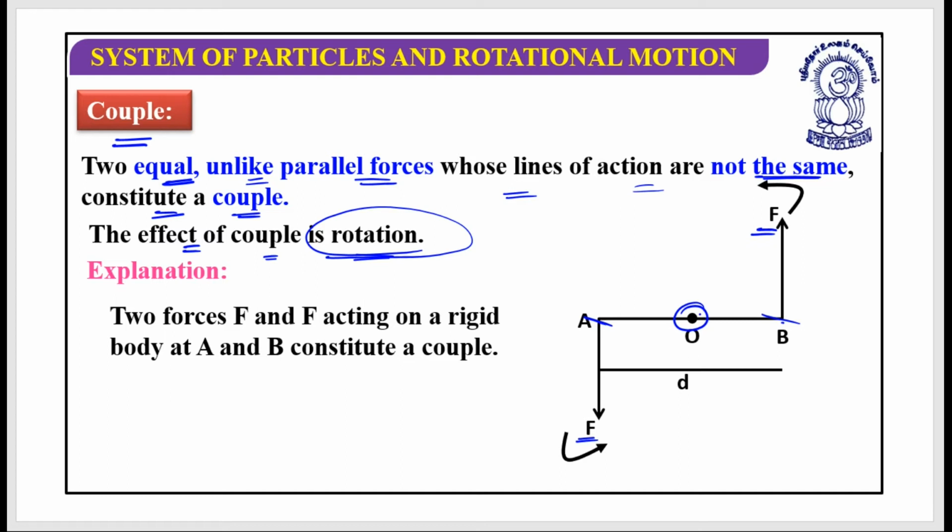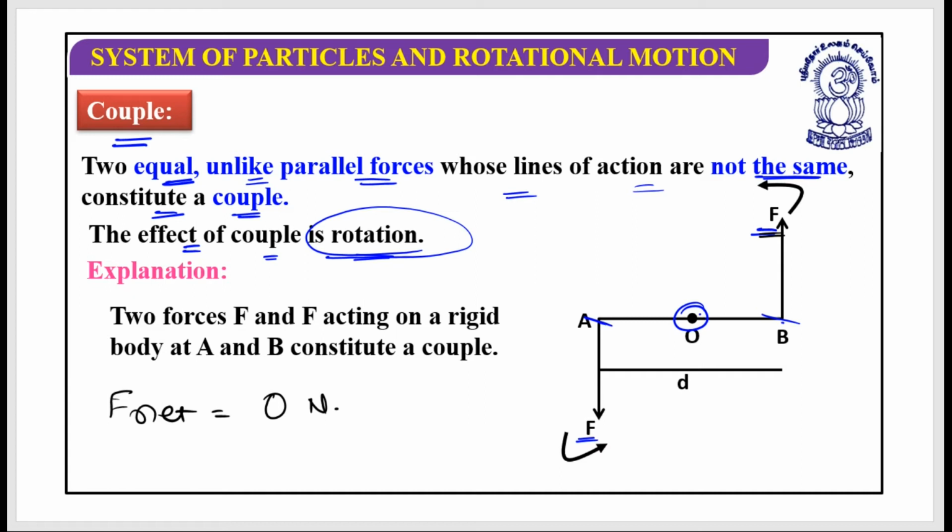In this situation, one very important aspect is that if you observe the F net on this system, it would be 0 newton. Why? Because F newton is acting in the upward direction and F newton is acting in the downward direction. So when I consider the net force, it would be 0 for sure.